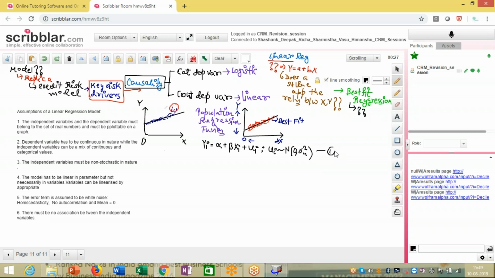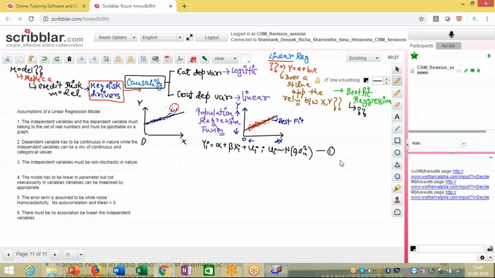Because this is the population for us, this is not known to us, and this is something we have already discussed at length, right? The population is unknown to us, and hence alpha and beta are also unknown to us. Alpha and beta are called the parameters of the regression equation. So what does this say?